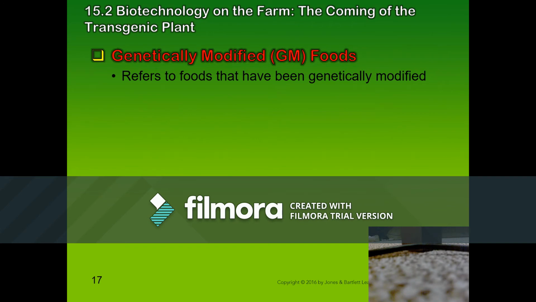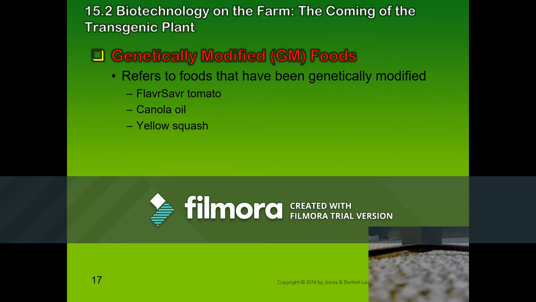So we've heard a lot about GMO foods. GMO just means genetically modified organisms or genetically modified foods. We can add things that will increase the flavor, like the Flavr Savr tomatoes, canola oil, yellow squash.